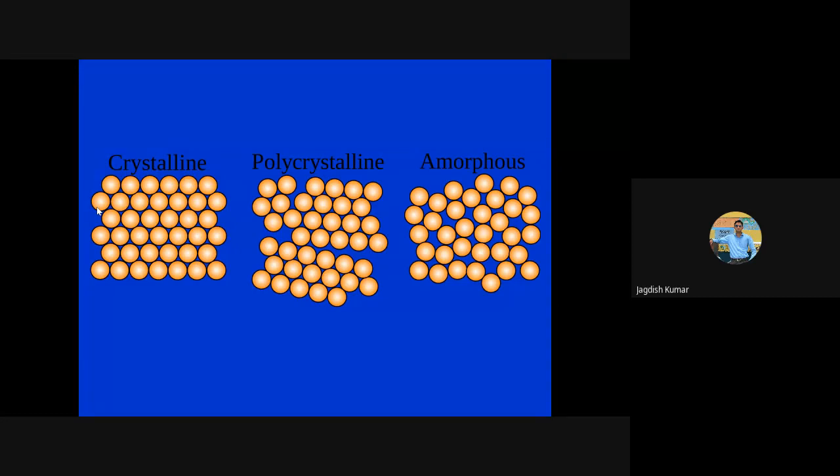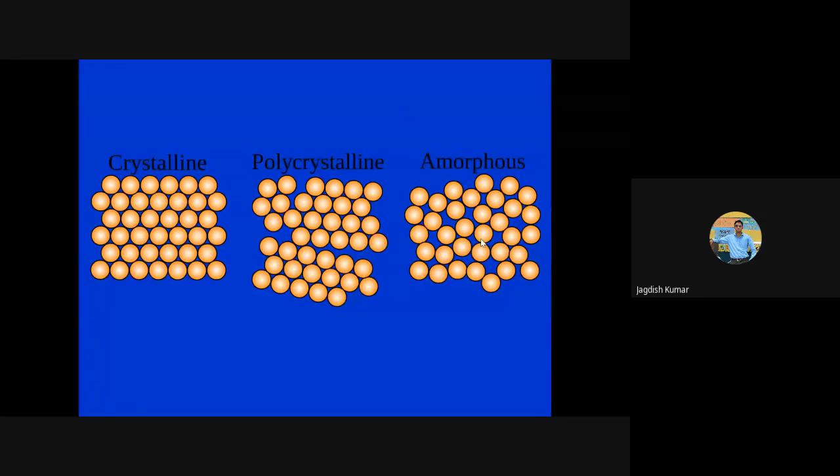On the extreme right you see the amorphous solids, where atoms are there but do not follow any specific pattern. These are two extremes, crystalline and amorphous solids, and somewhere in between come the polycrystalline solids.